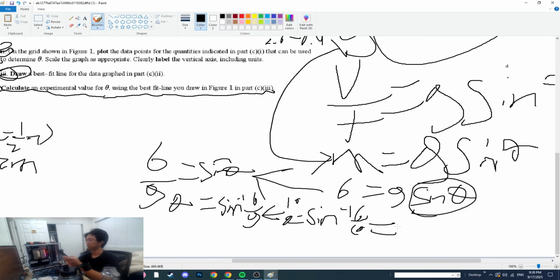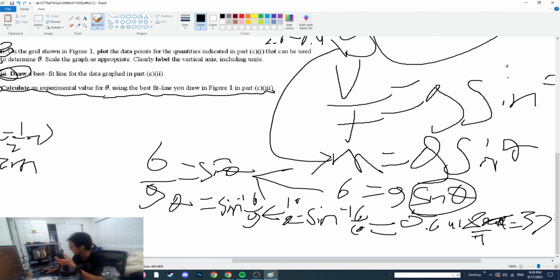And if we plug that into the calculator, we get 0.64 radians, and we'd have to multiply this by 180 over pi to convert this back to degrees, and that would get us a value of 37 degrees.